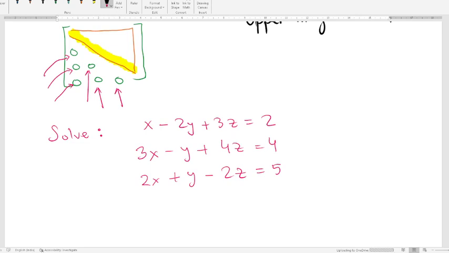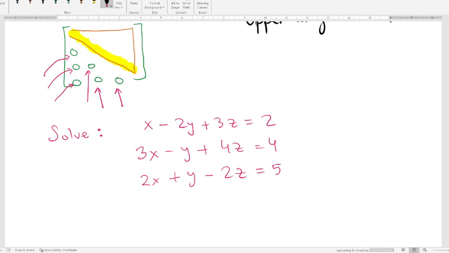Now, in school mathematics, what we had done is write x on the left hand side and take everything else on the right. In the second equation, we substituted that value for x, and x is eliminated. So we have the second equation in terms of y and z, and then we write y on the left hand side and everything else on the right, and substitute that value in the final equation, and then we get the value of z.